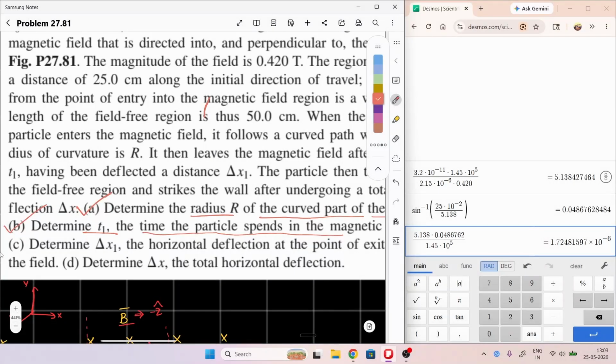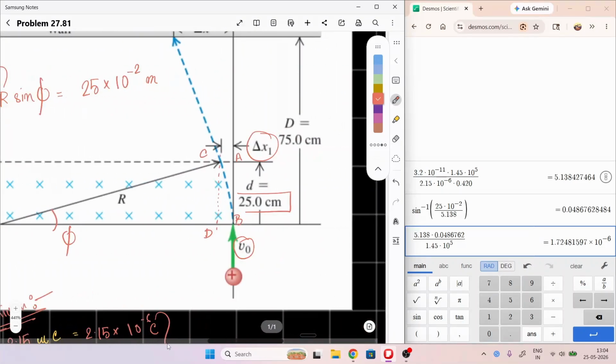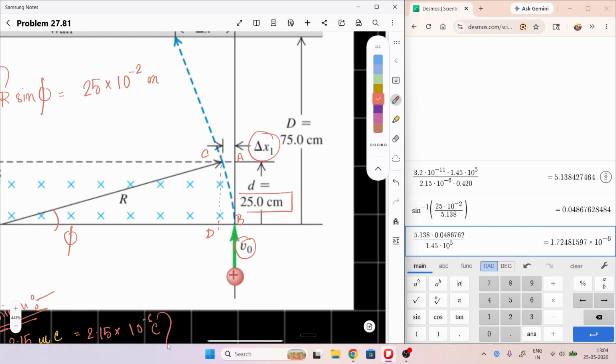The third question we have to tackle is determine delta x1, the horizontal deflection at the point of exit from the field. So here delta x1 is this tiny portion of space by which the charge will be deflected when it exits the magnetic field. So this is R. Wait a second.